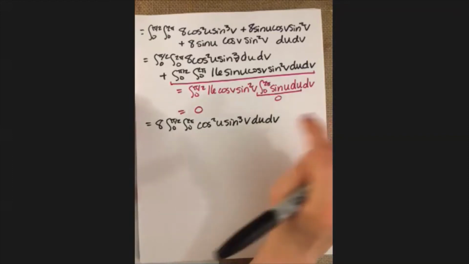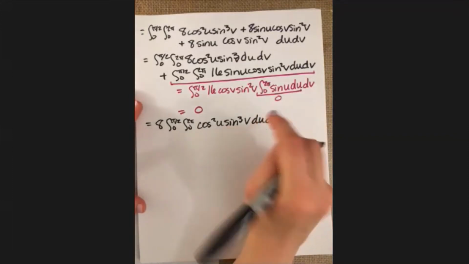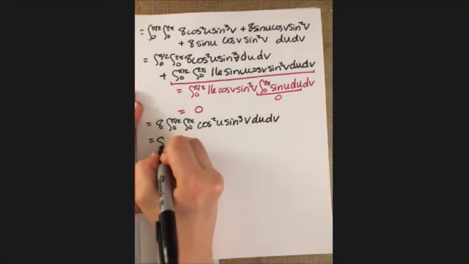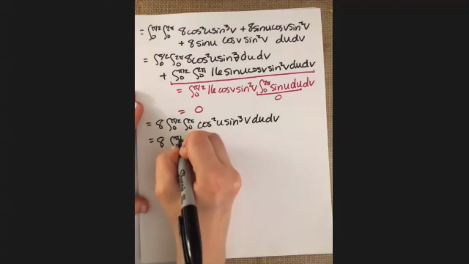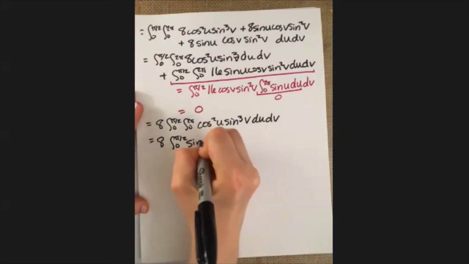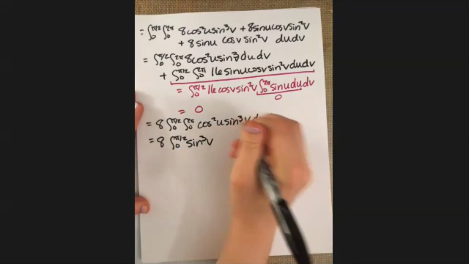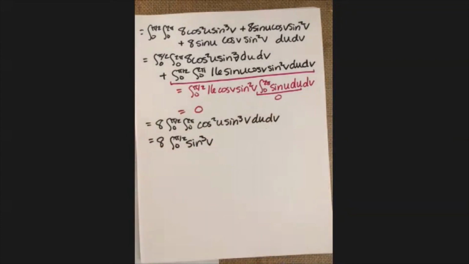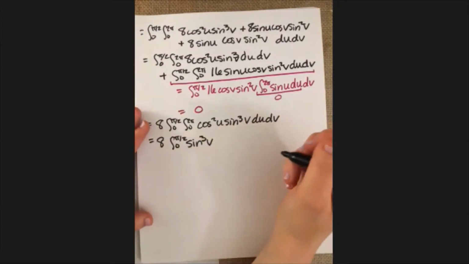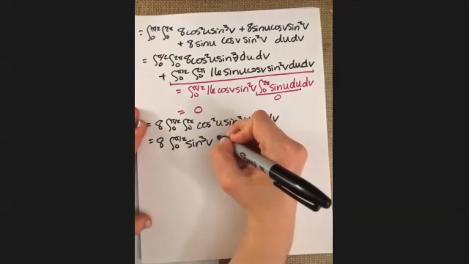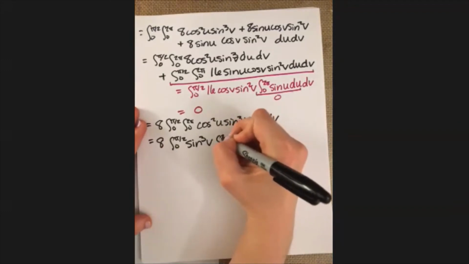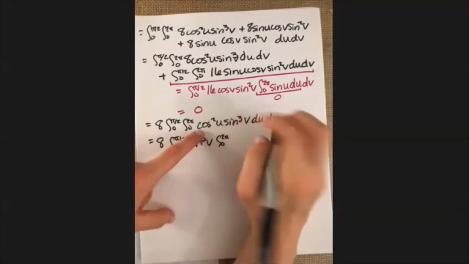Okay, so I need to integrate with respect to u first. So 8 integral from 0 to pi over 2. I'm going to pull that sine cubed v out to the front. Then we have our integral from 0 to 2 pi. I'm going to use a power reduction formula on this.